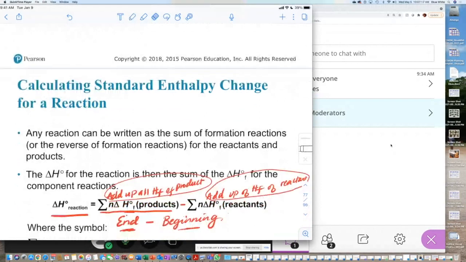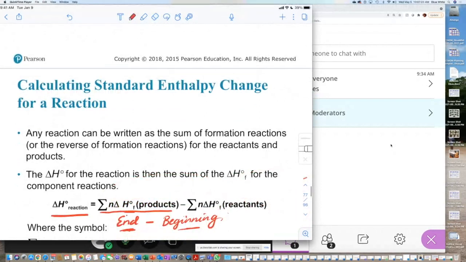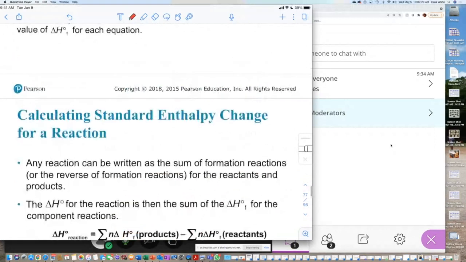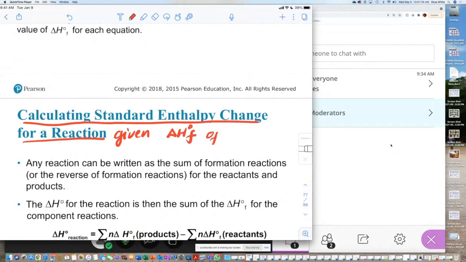Anyway, over here, we're now saying once you learned how to figure out the delta H of formation, we're now going to calculate the standard enthalpy change for a reaction, but this time you're going to be given delta H of formation, standard form, of reactants and product. So you are not figuring out delta H of formation.